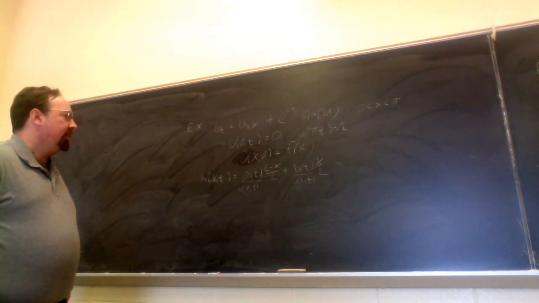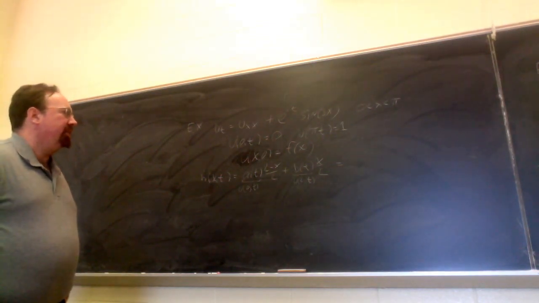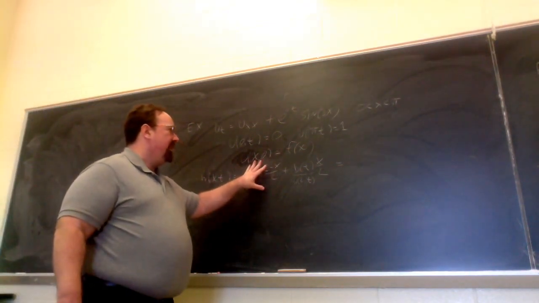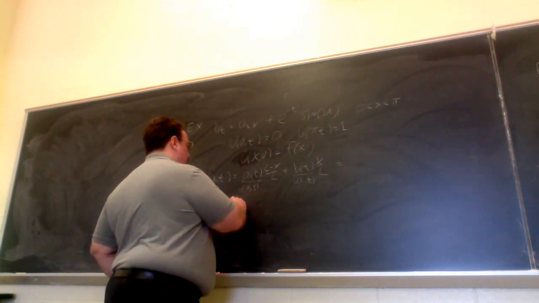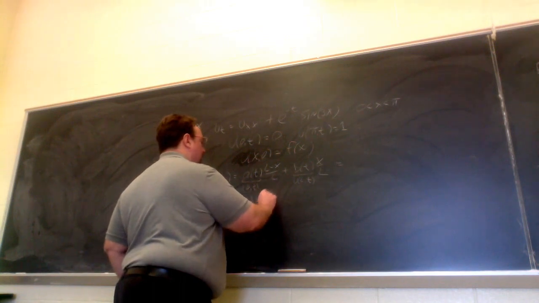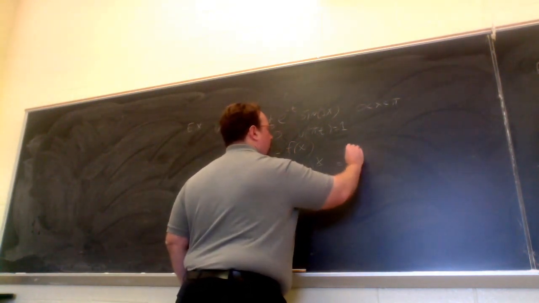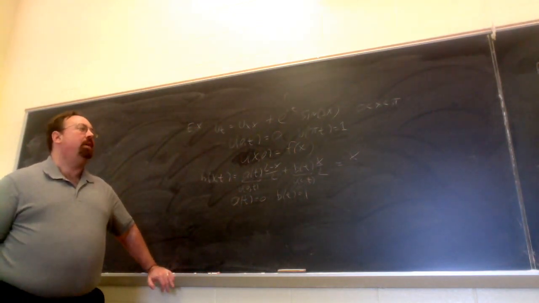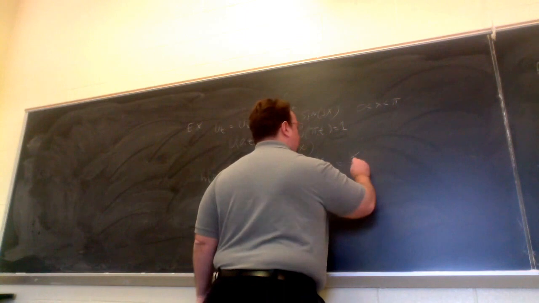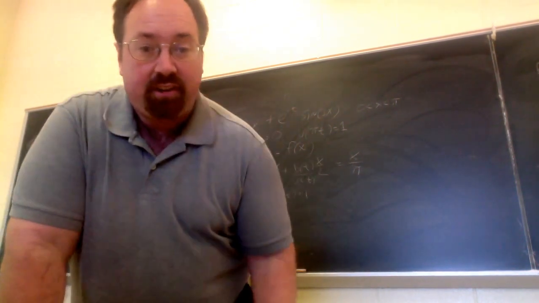Just x over L. Almost. Yes, because a(t) is 0 and b(t) is 1. So it's going to be x over, well, you can be more specific, L is pi, so x over pi. Okay, so that settles that.